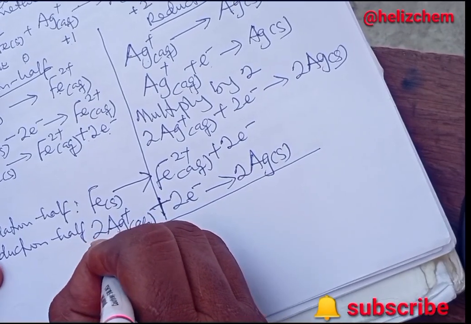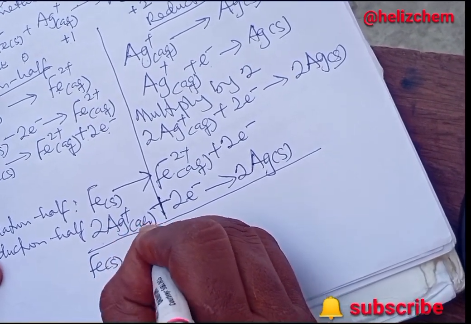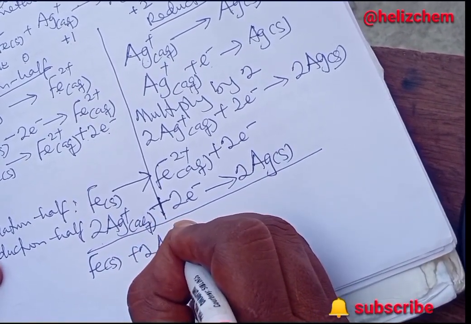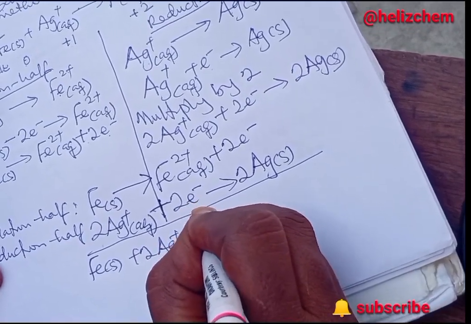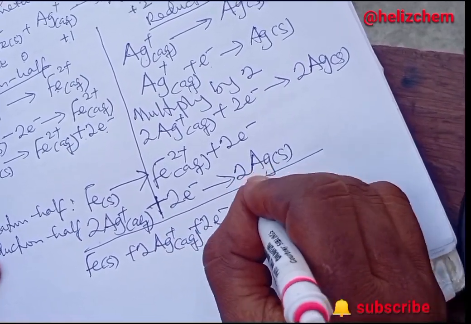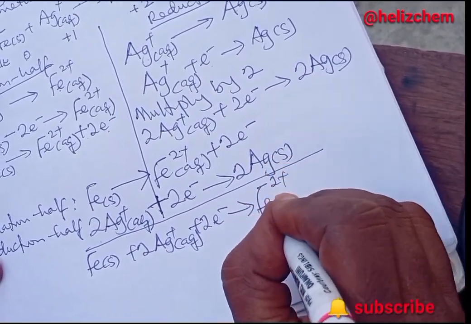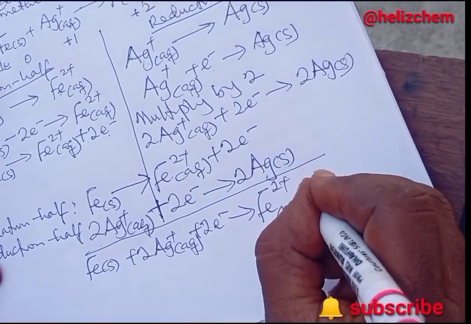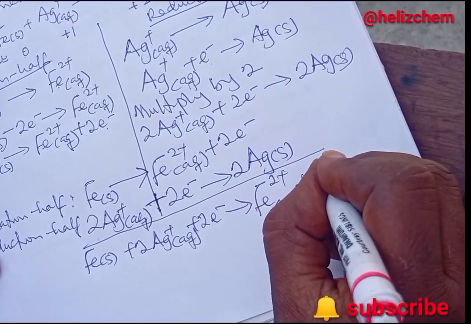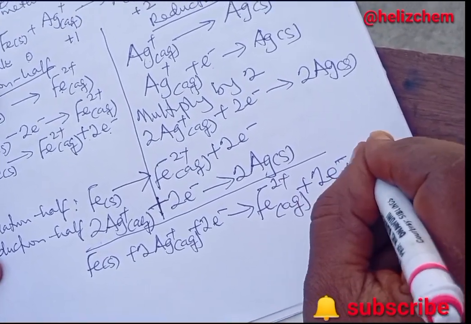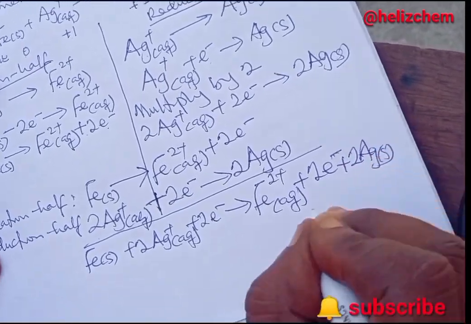We have Fe solid plus 2Ag+ aqueous plus 2e- to give Fe2+ aqueous plus 2e- plus 2Ag solid.